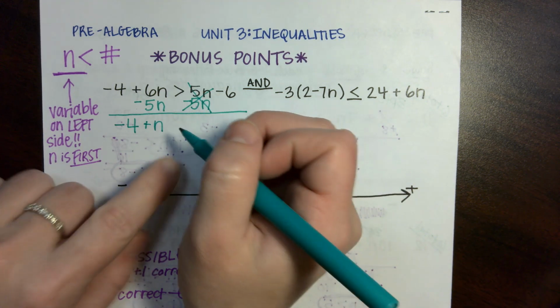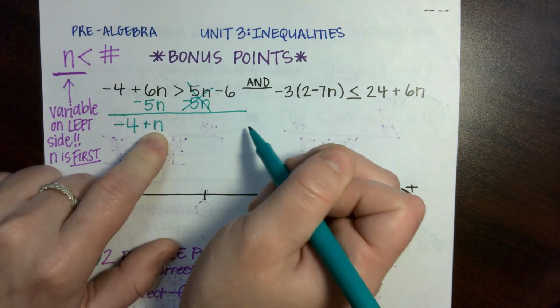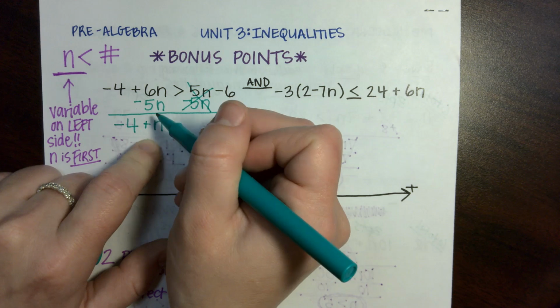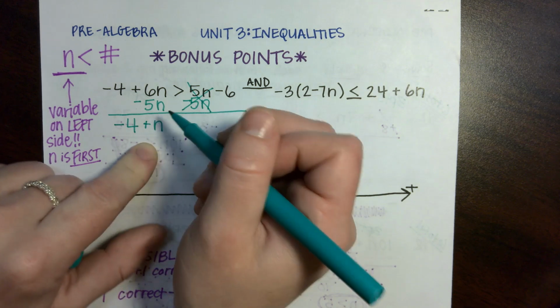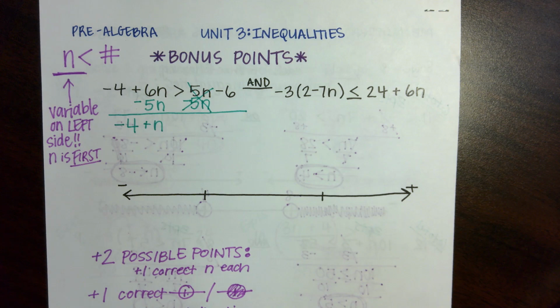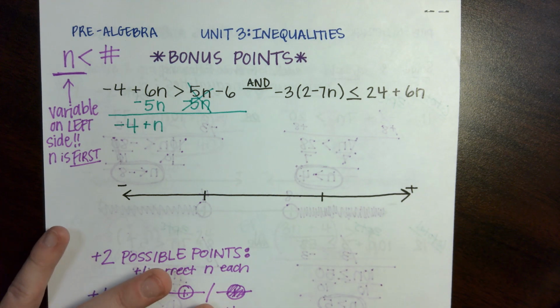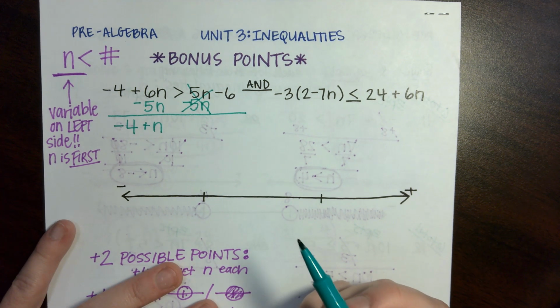Whenever you find your answer, n is greater than something, you'll have to divide by 1 at the end to get rid of that 1. Because I don't want your answer to say 1n equals, or 1n is greater than something. You'll have to get rid of the 1 later. But you can keep the 1, if that helps your brain understand what just happened there. That's fine with me.